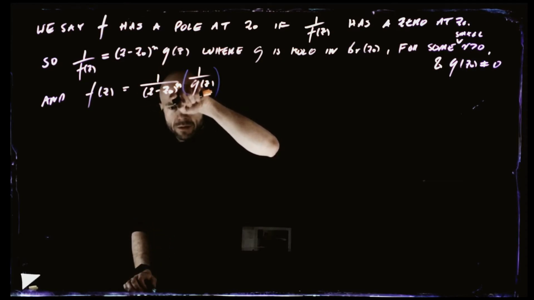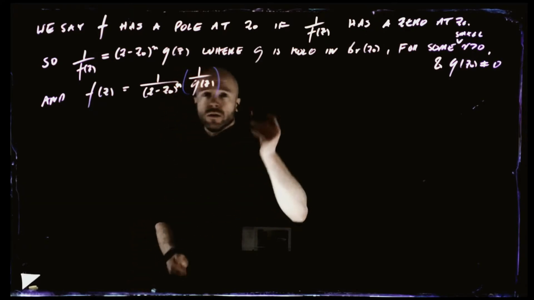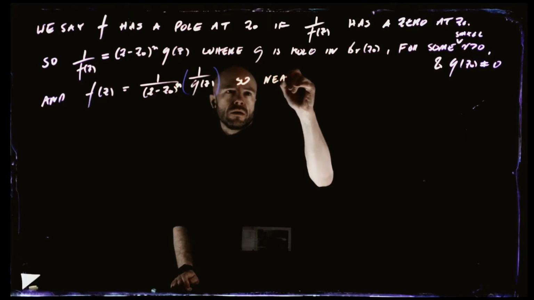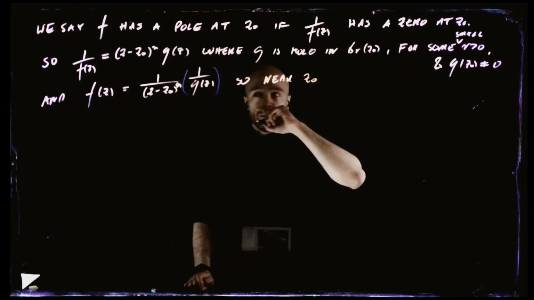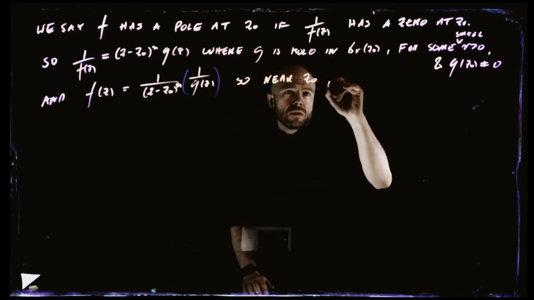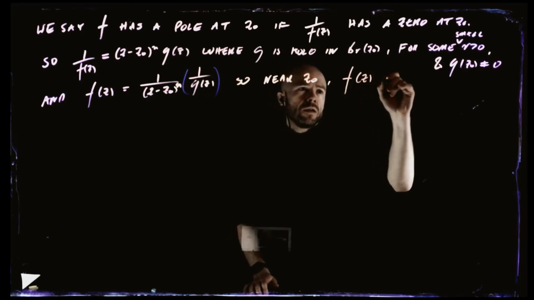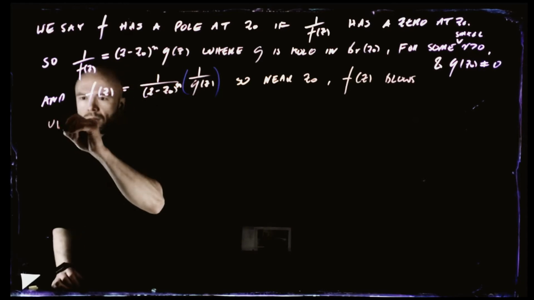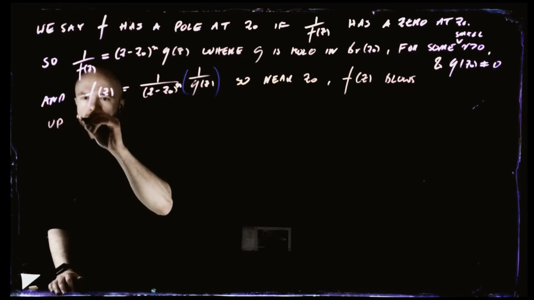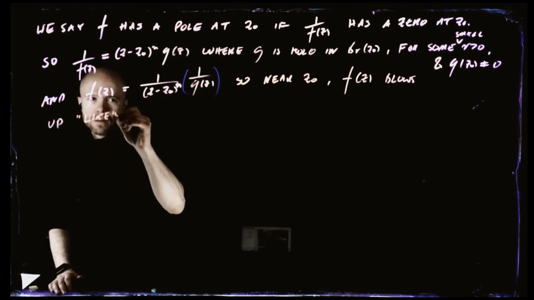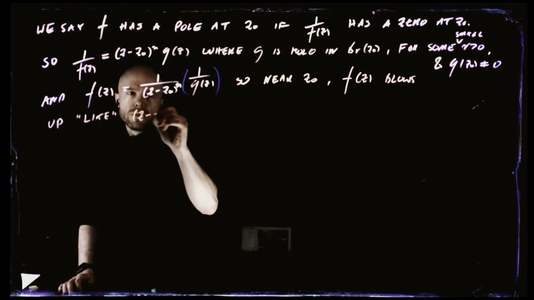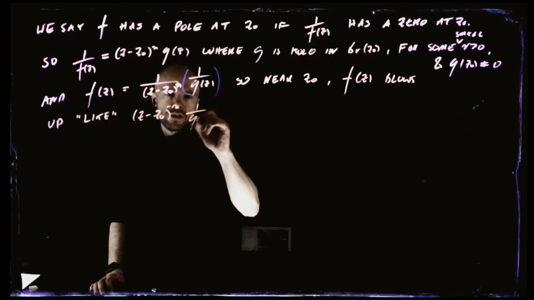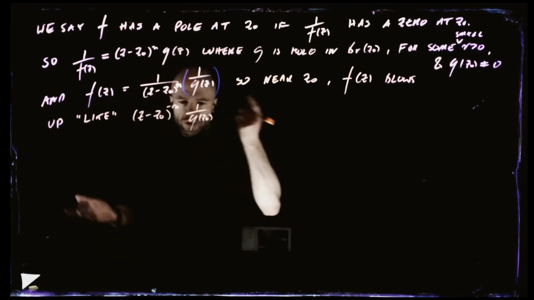So near z0, f of z blows up like (z minus z0) to the minus n, times just some particular complex number.